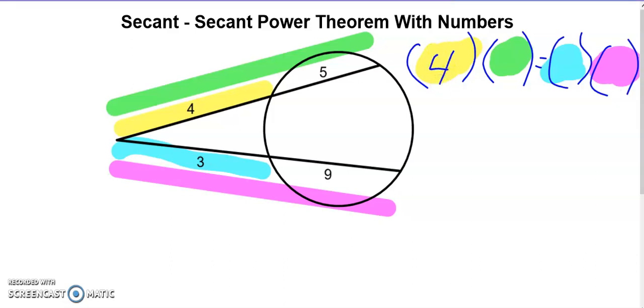Well, how long is the green segment? How long is this whole segment right here? Well, it's 4 plus 5, which is 9. Then blue is 3. And purple is 3 plus 9, which is 12. So 4 times 9 is 36. 3 times 12 is also 36. Boom.